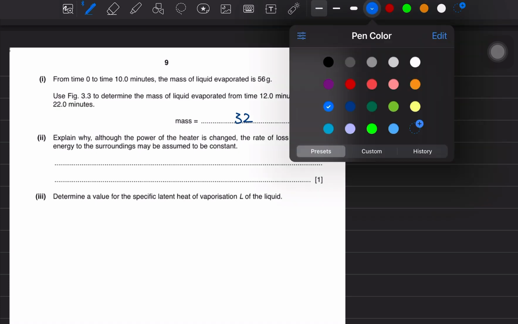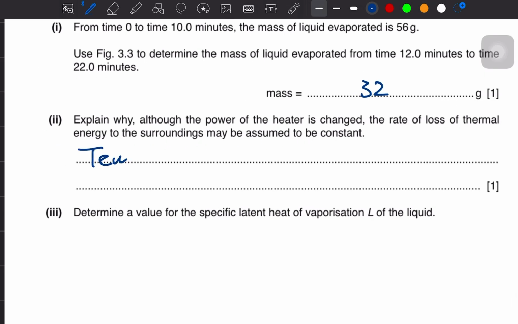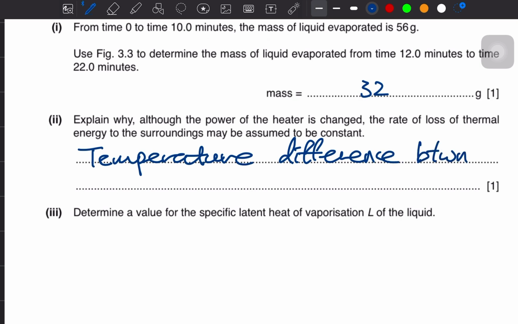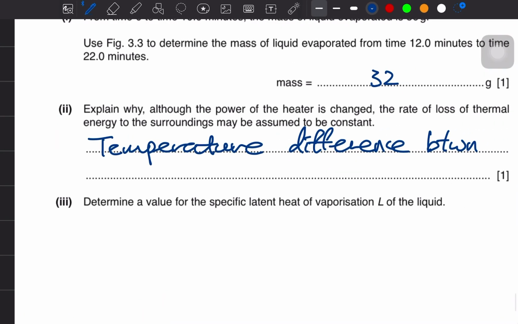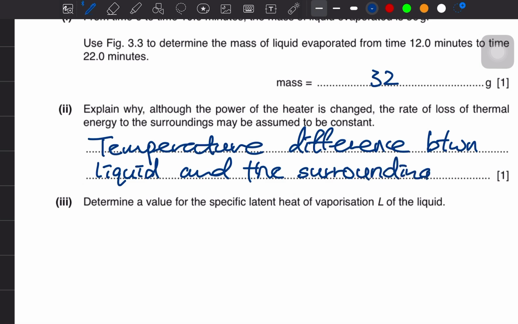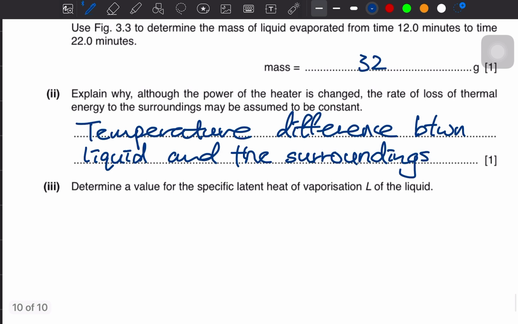The temperature difference between the liquid, which is a system, by the way, and the surroundings, I would say the surroundings will be the air, does not change.